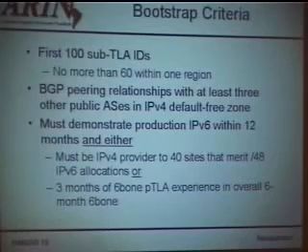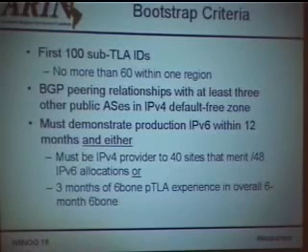One of the first criteria that the document addressed was that the BGP peering relationships for the IPv4 network of the requesting organization must include peering relationships with 3 other public ASs in the IPv4 infrastructure.